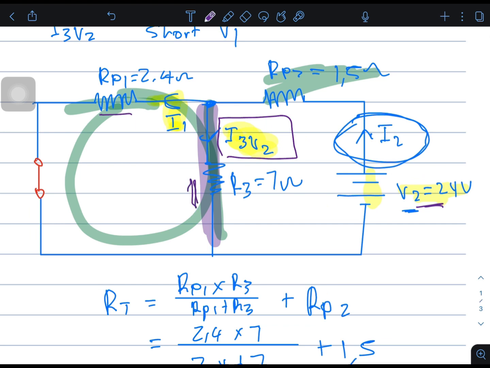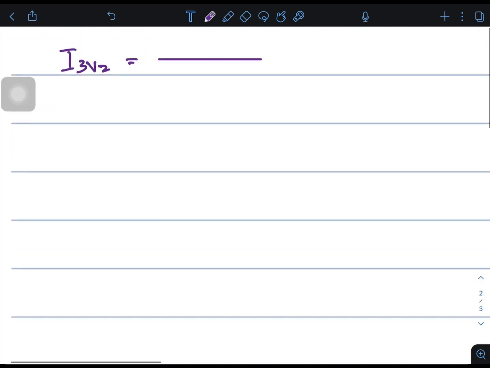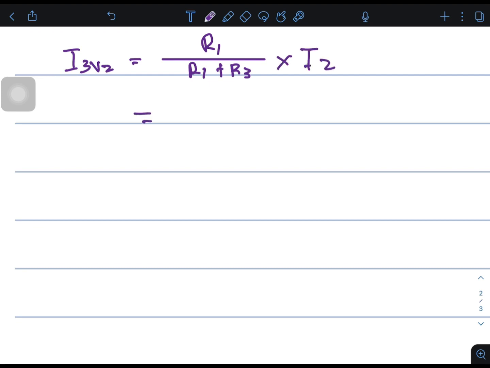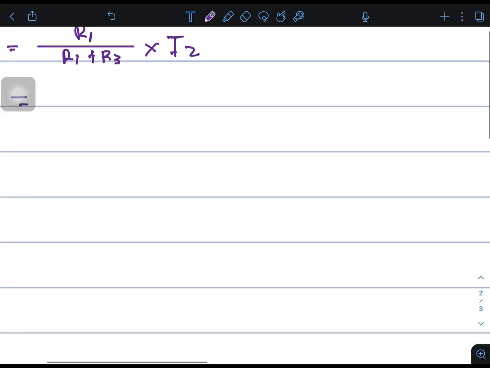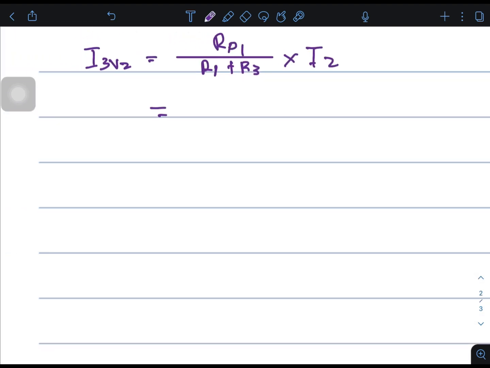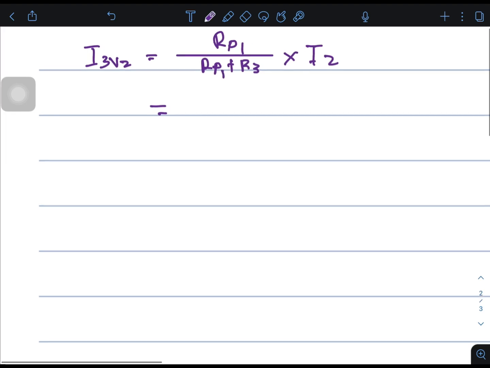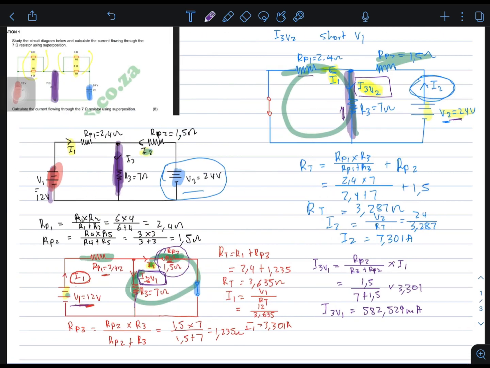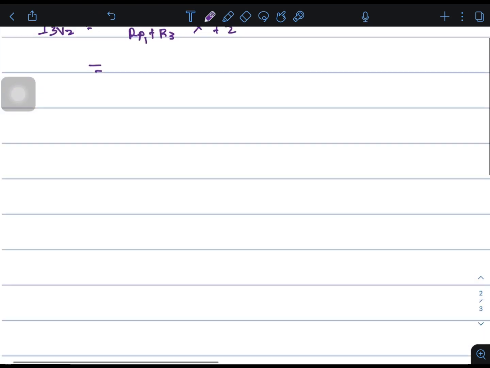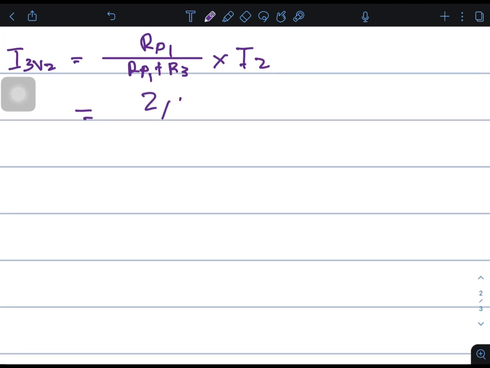So it's going to be R parallel 1 over R1 plus R3, times I2. Sorry, R parallel 1. What is R parallel 1? R parallel 1 is 2.4, then R3 is 7.